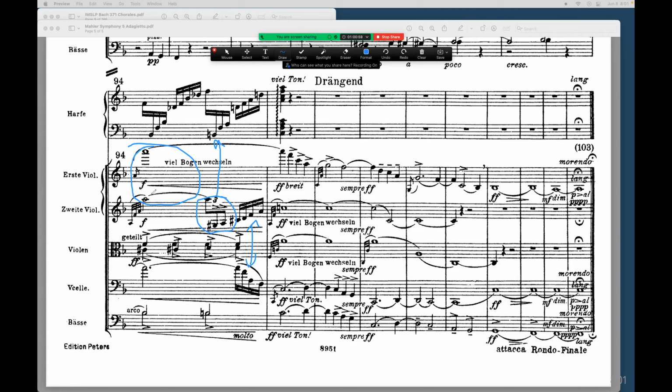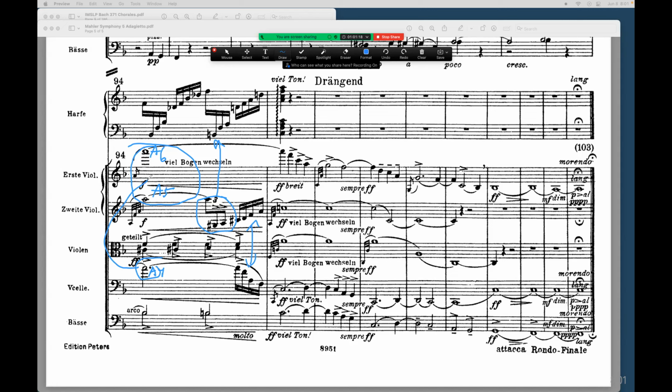Another thing that I'll point out is that here we have A6, here is A5, here is A4 in the cellos. This is another thing that you'll tend to see a lot in string writing, is that oftentimes the cellos or violas will add a third octave to what's happening in the texture.